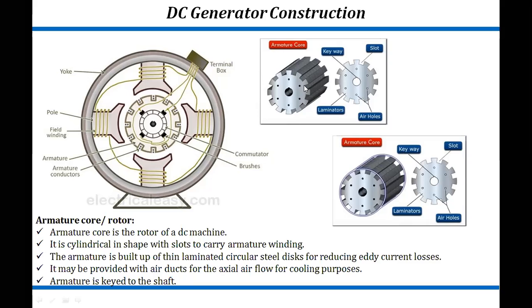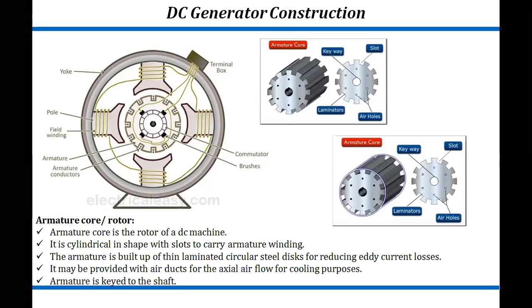These gaps we can call slots. And like a ladder, it is circular. And there are small holes. We can say these are air holes, and they are available to get air for cooling purposes. Because when we give the power supply, what will happen? We are saying the armature is a rotor.